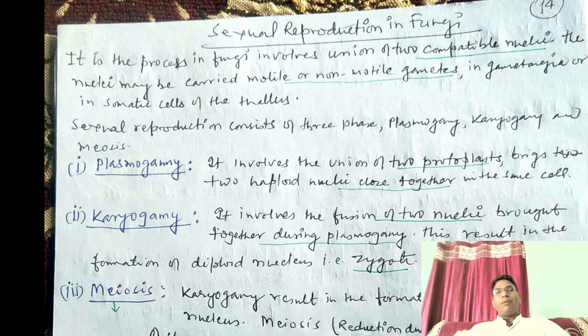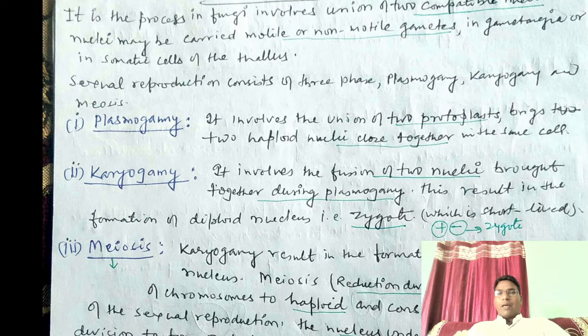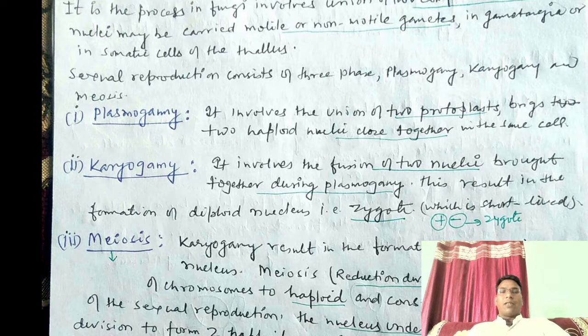Plasmogamy means the fusion between the protoplasts, and karyogamy involves the fusion of two nuclei brought together during plasmogamy. As a result, a diploid nucleus, that is the zygote, is formed, which is short-lived.